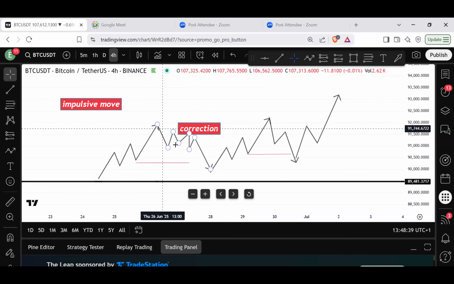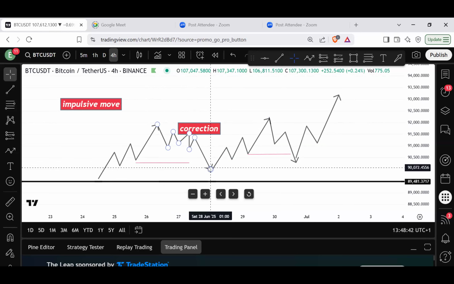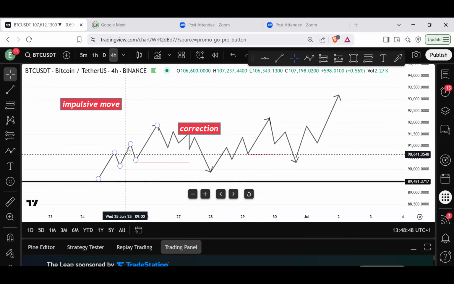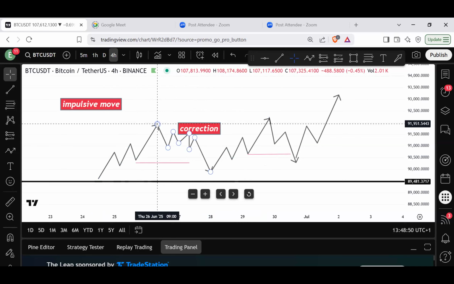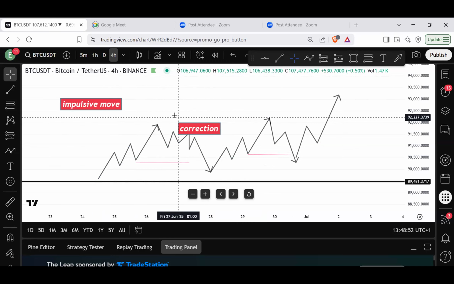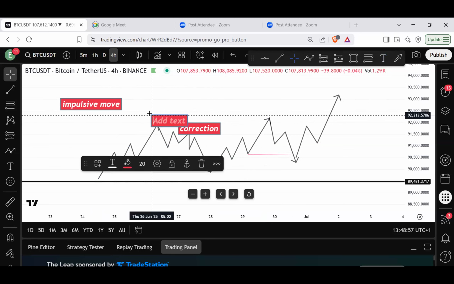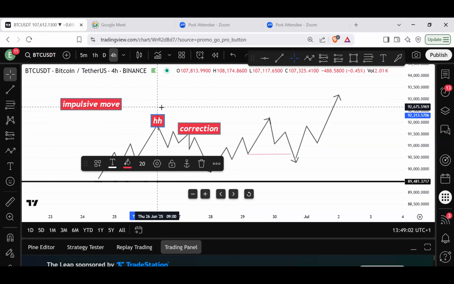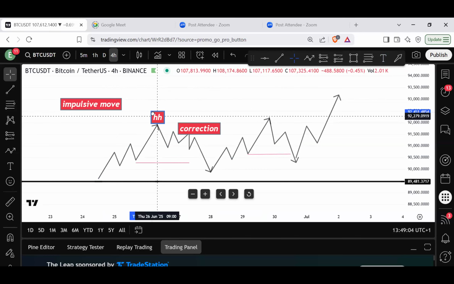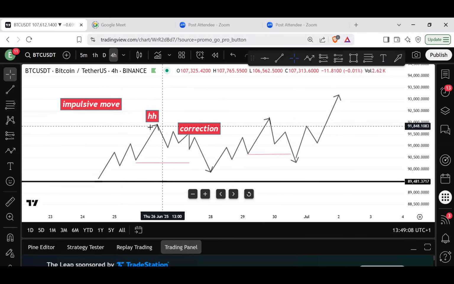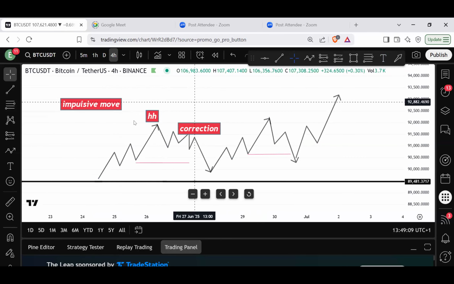After you see the correction happen, that's when you know that the first impulse has reached its highest point. So once you see that, you label here higher high. That means that's the end of this impulse.